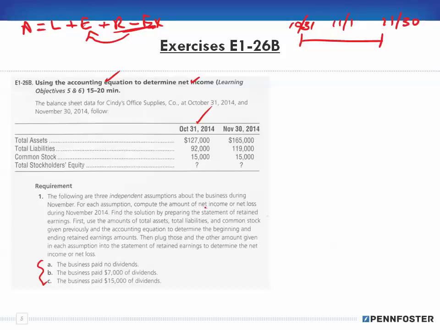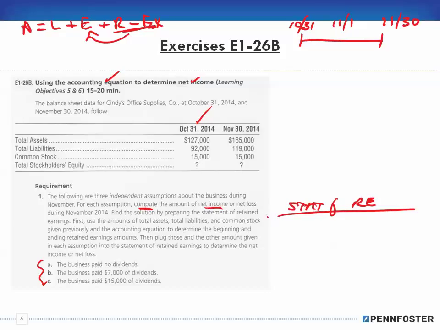It's telling us we need to compute the net income or loss for November. And it says, find the solution by preparing the statement of retained earnings. So I'm going to need a statement of retained earnings.